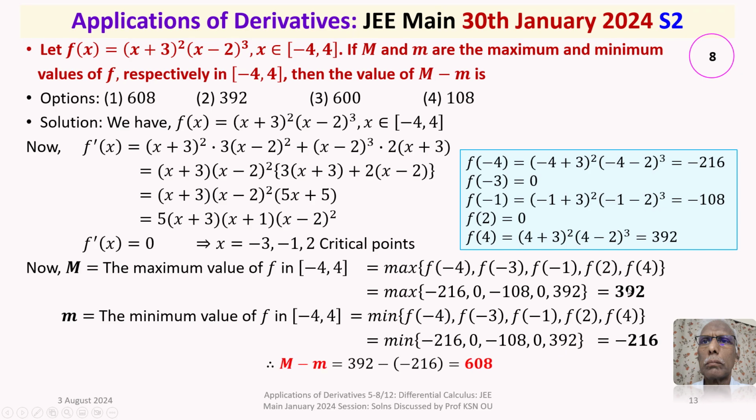So capital M is 392, small m is minus 216, and we are required to find the value of M minus m, that is 392 minus of minus 216, that is 392 plus 216, that is 608. This answer 608 appears against option 1. Therefore, the answer to this question is option 1.